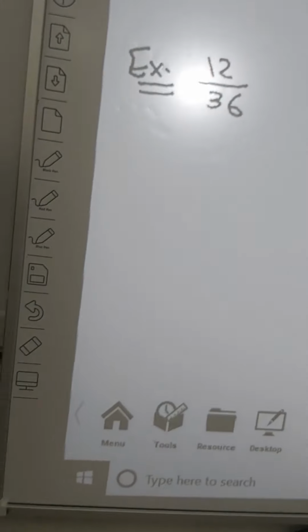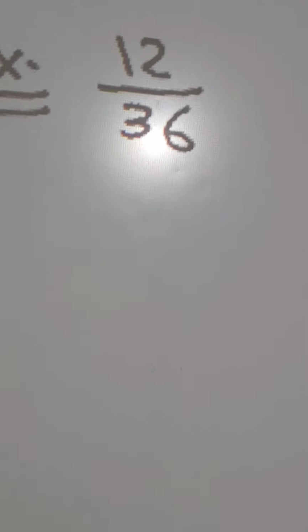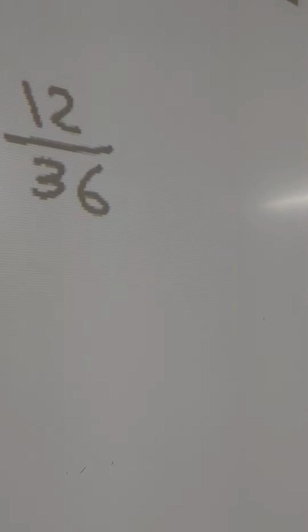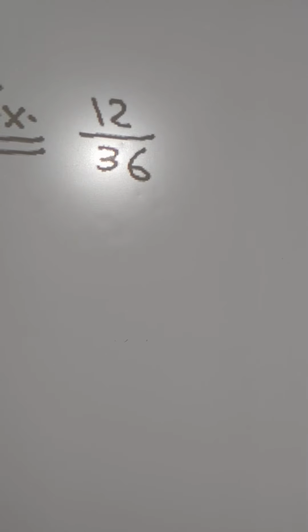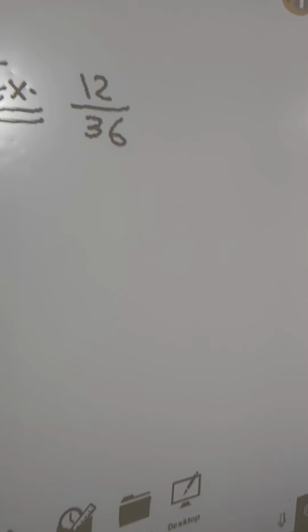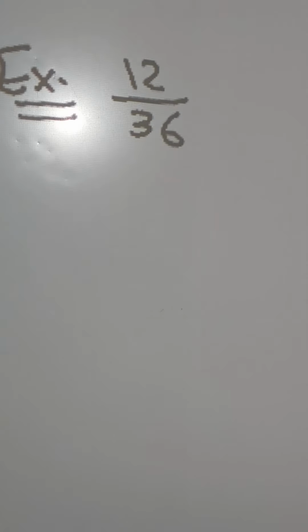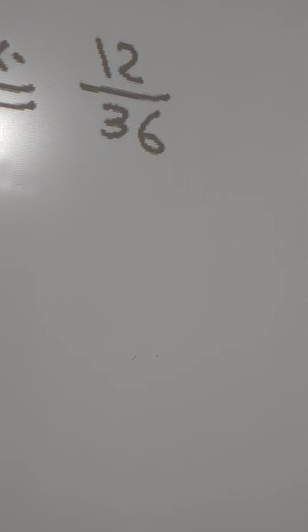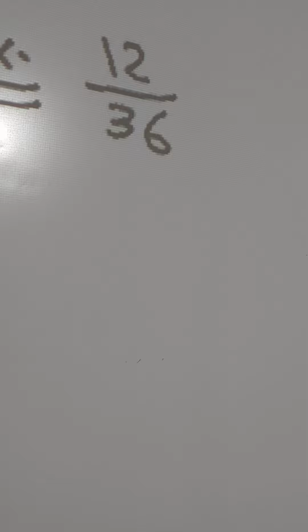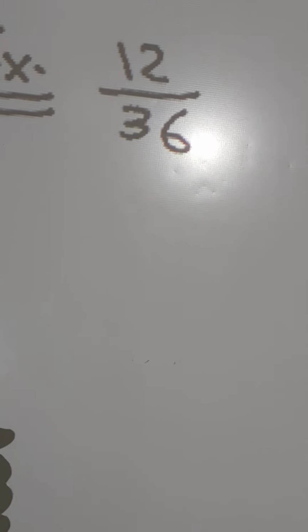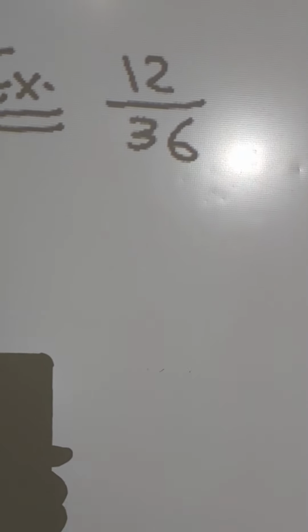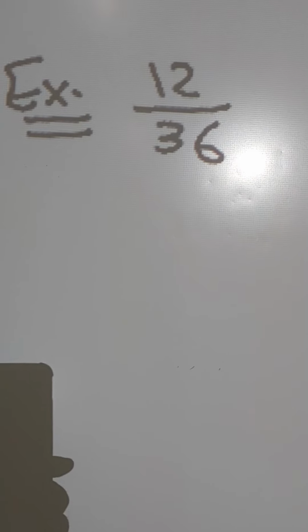Now, sometimes you don't need the GCF. You can find common factors directly between 12 and 36. Let's assume, or we know that 12 and 36 can both be divided by 2, by 6, by 4. So you choose any factor, then keep dividing until you get the simplest form.